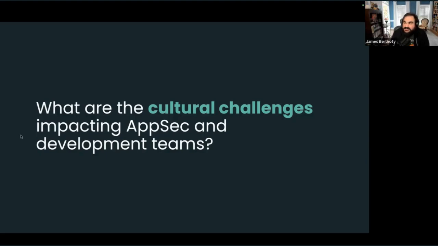I think the core issue is that as much as there have been so many different attempts to unite the goals of these two teams, first of all, there's not a standard, here's the good way to do it. There are good ideas out there. I remember trying to implement my first DevSecOps program, which tries to address the friction that often happens between AppSec and dev teams.